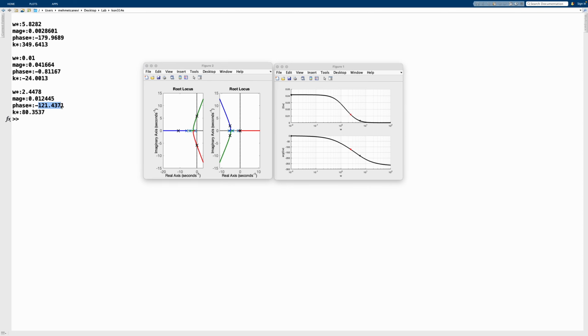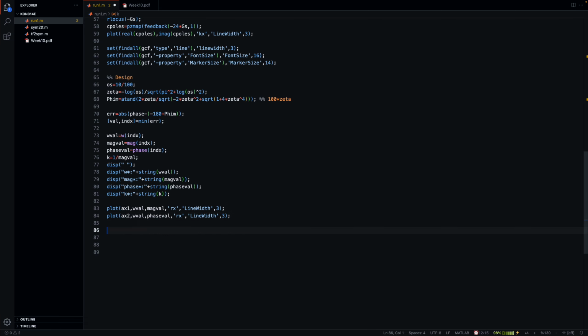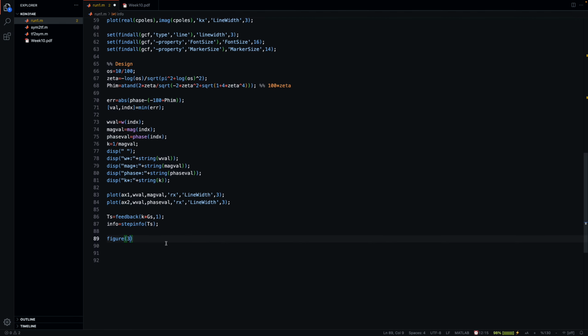So you can see it is approximately 121.43, and the gain value that we should use is 80, and the frequency is 2.44. Now, I would like to do something like this, since I know what the gain is going to be, I can just connect them and use step info on this, and maybe also plot the step response.